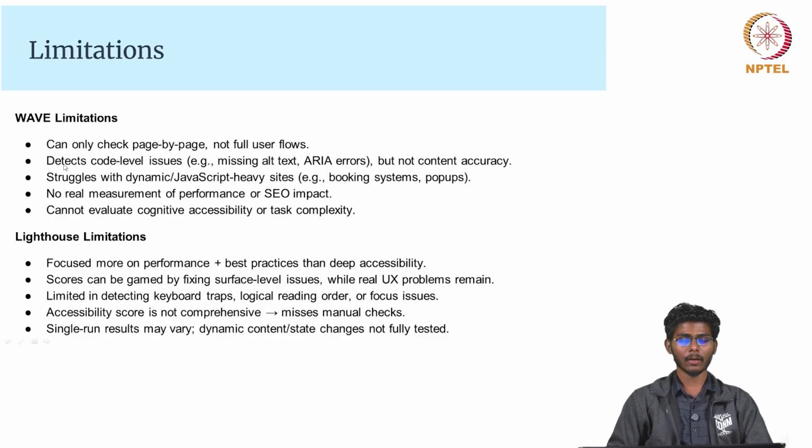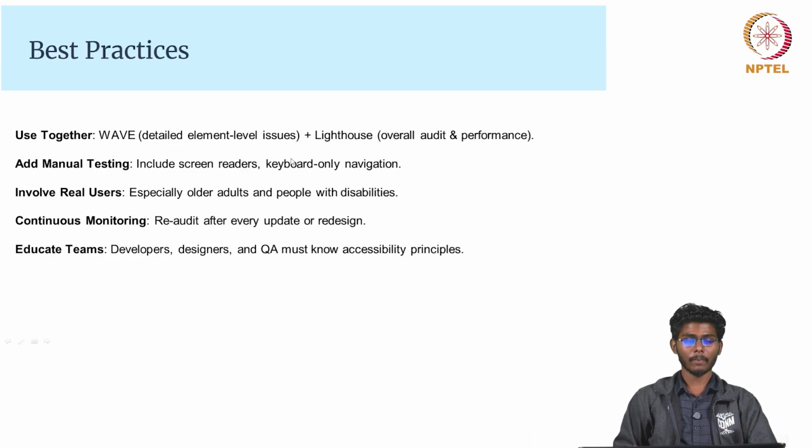Also, it only detects code level issues, not content accuracy. It will detect the HTML part of the code, but not the content, like the alt attribute, and the diagnostic part is only covered by the Lighthouse tool. And here are the best practices: use WAVE for detailed element level issues and Lighthouse for overall audit and performance issues.